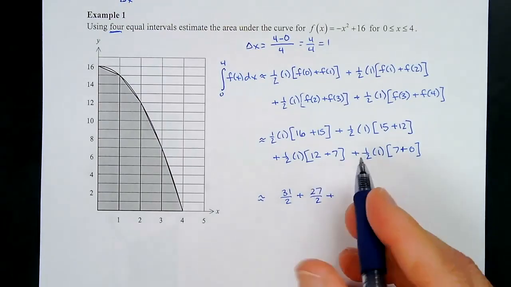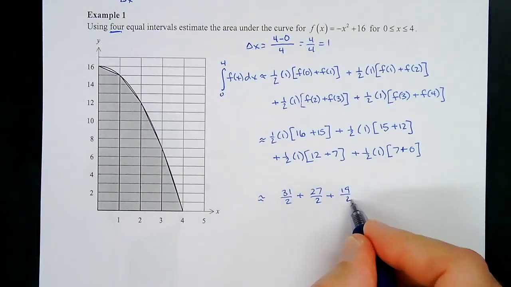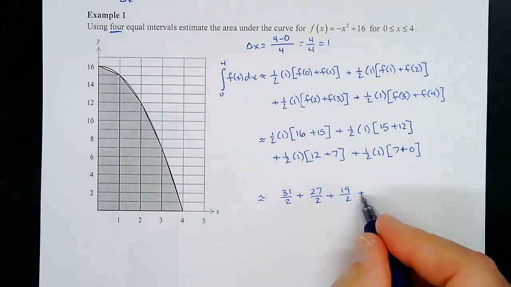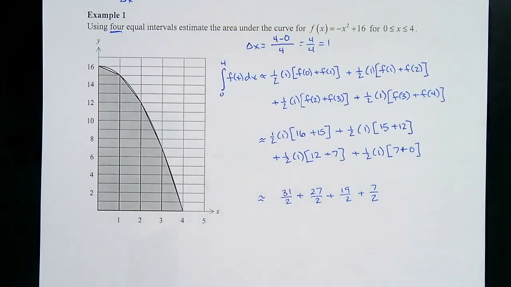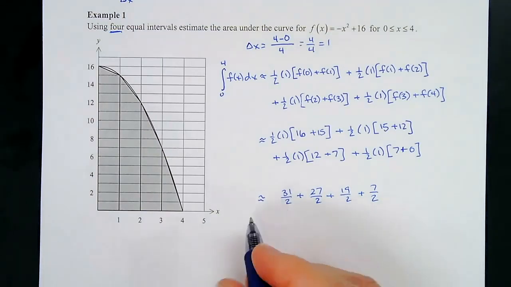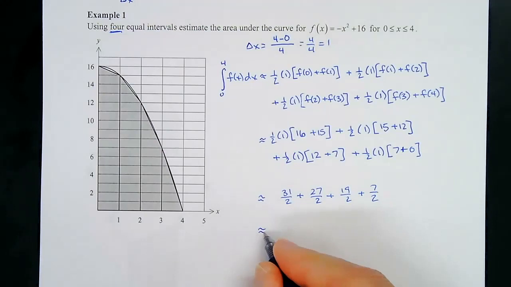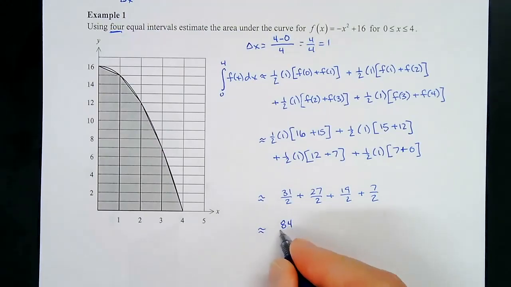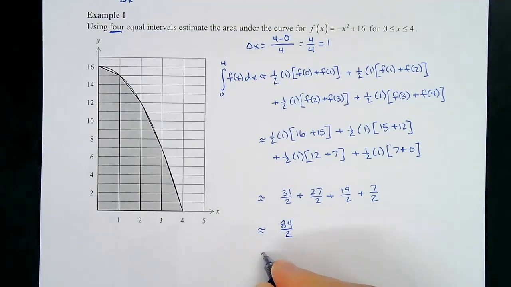And this would be 19 halves. And this would be 7 halves, so plus 7 halves. And that gives you, if you add these up, 84 halves. And 84 halves, an estimate for this integral would be 42.